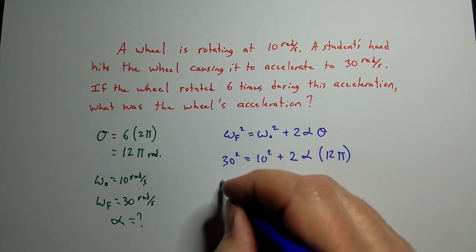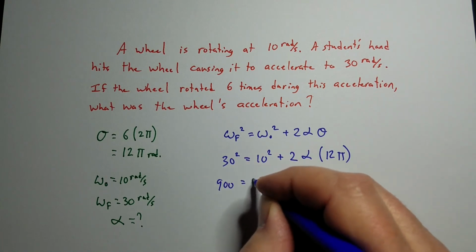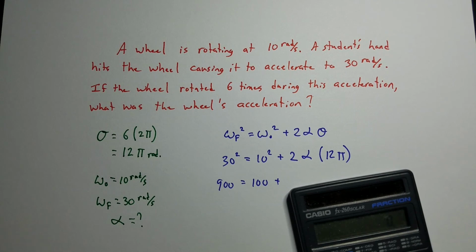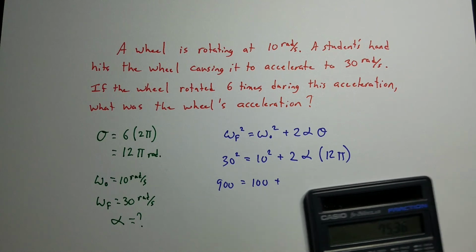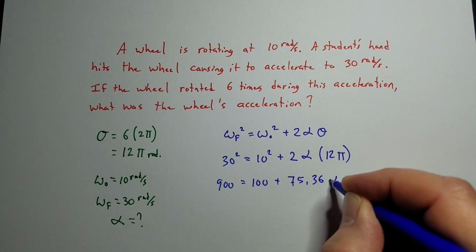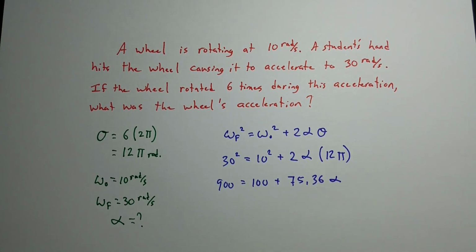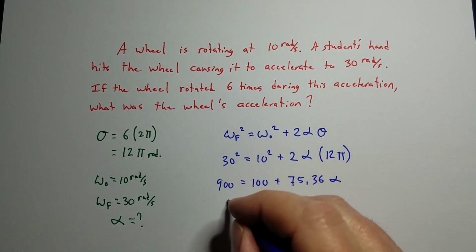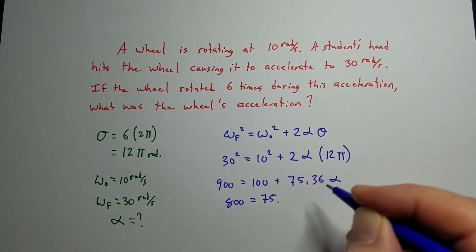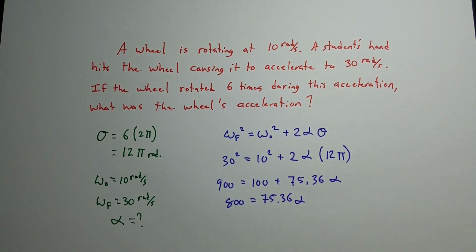So this will be 900 equals 100 plus 2 times 12 times 3.14, which is 75.36, times alpha. Then go ahead and work that math out. So 800 equals 75.36 alpha.